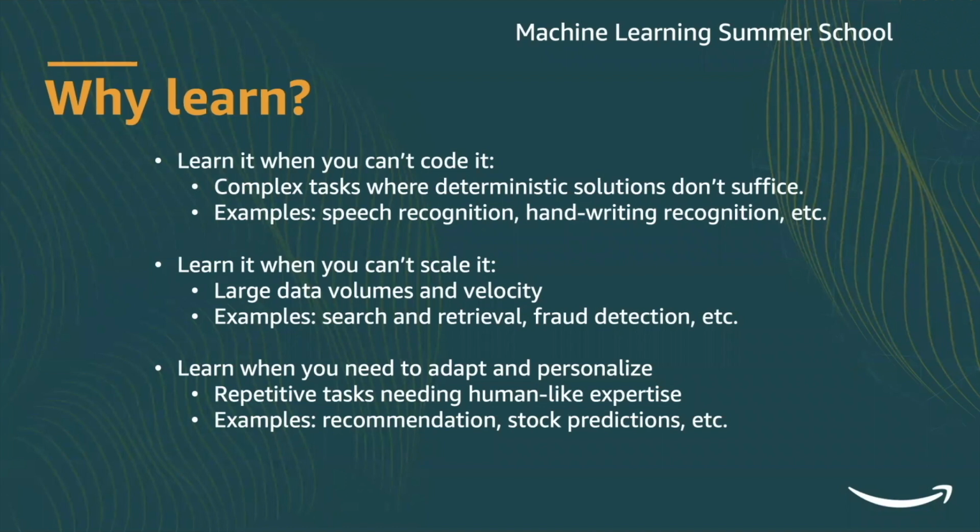Broadly speaking, what are the use cases where we would want to deploy a machine learning model? So if something is deterministic, we could simply write the logic, code the logic down. But when we have a problem that is not deterministic, like handwriting recognition, we would rather have a model that takes into account the randomness.